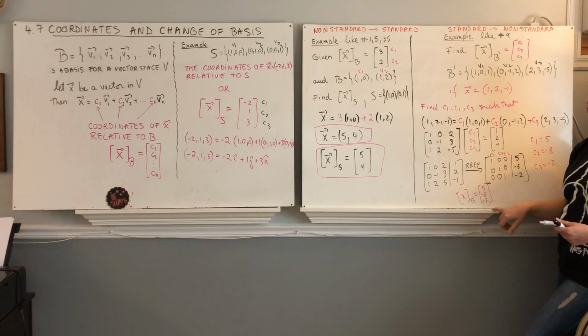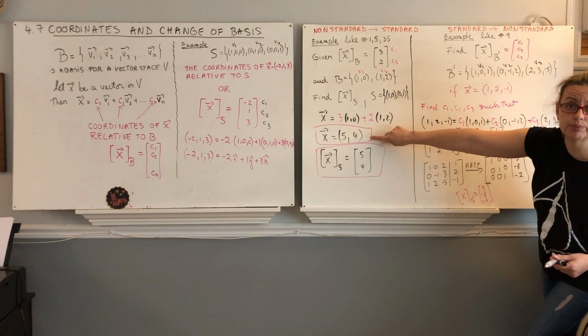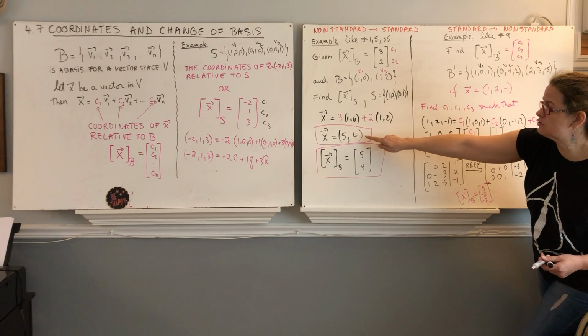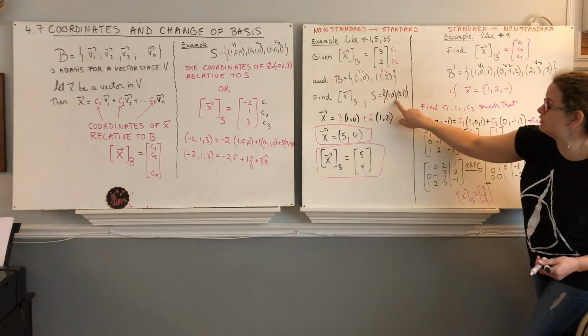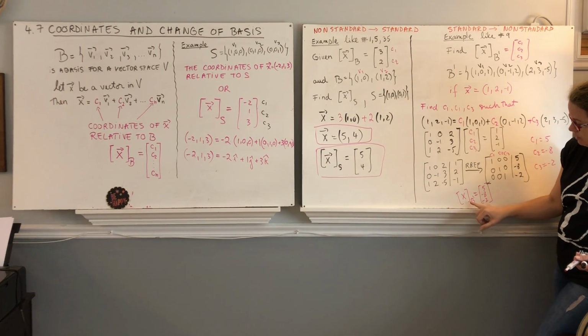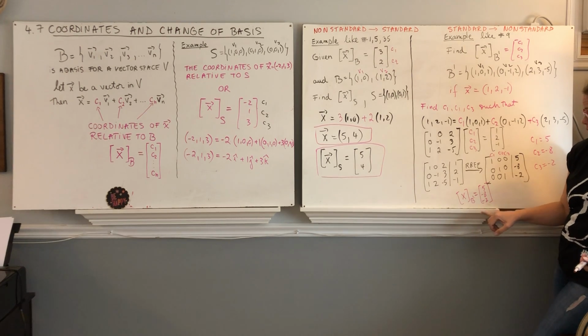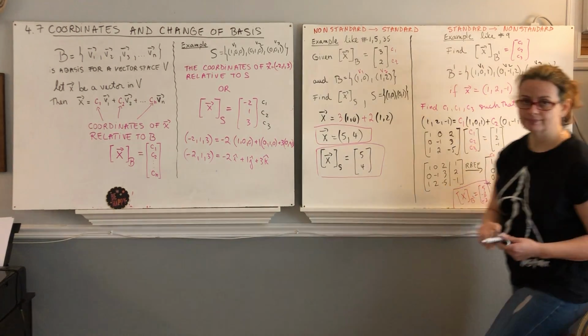We cannot interchange this notation with the round parentheses notation. This is reserved for just coefficients with respect to the standard basis. If you write down the coefficients of that vector with respect to a non-standard basis, then you do need to indicate it's the non-standard basis. So this is the only correct way to write the answer, really. All right.